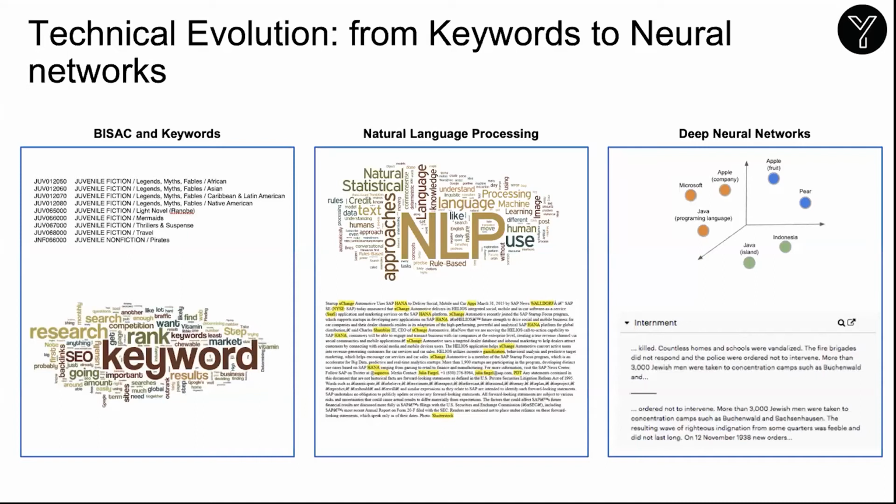So we would have certain codes that would represent topics or categories or subject headings of different publications, and then we would use keywords to represent the most important topics given in a given publication.